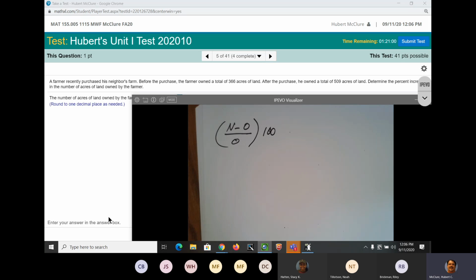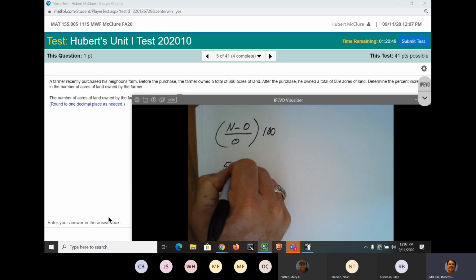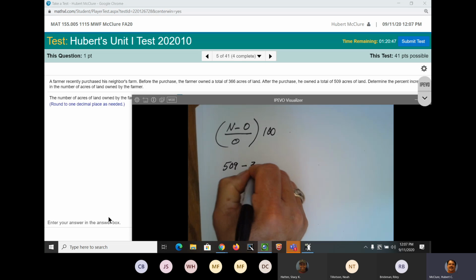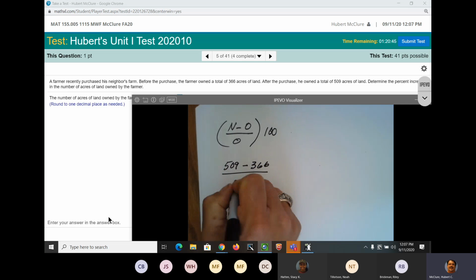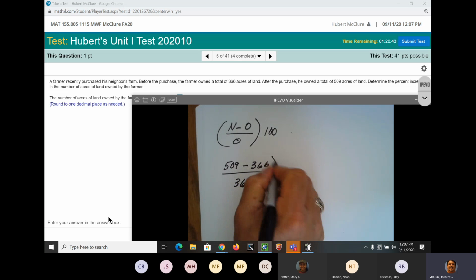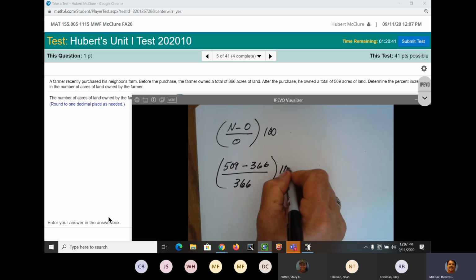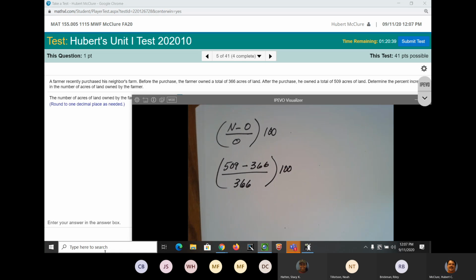So old is 366. New, after the purchase, he owned 509. So that's new. 509 minus 366 over 366 multiplied by 100.